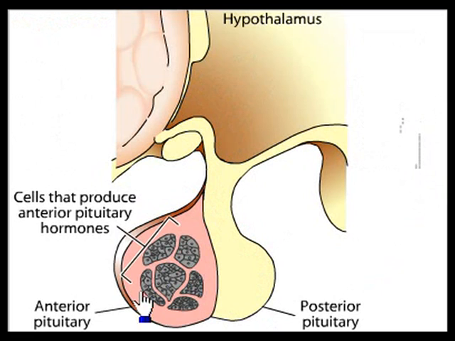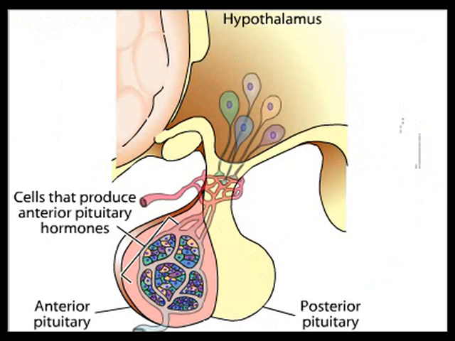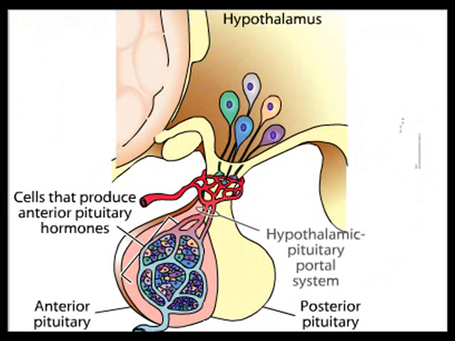So, the anterior pituitary also secretes several hormones, and the cells that produce the anterior pituitary hormones are the adenohypophyseal cells. There are several adenohypophyseal hormones, but all of them are under the control of the hypothalamus. The hypothalamus releases several factors to control the anterior pituitary hormones.